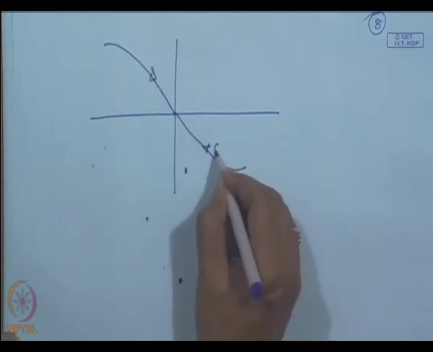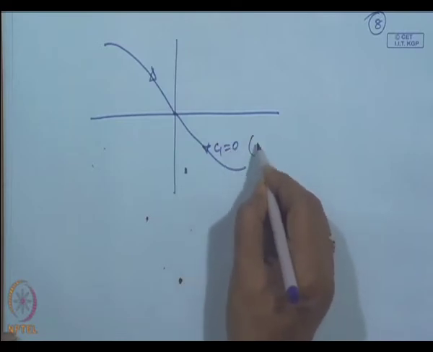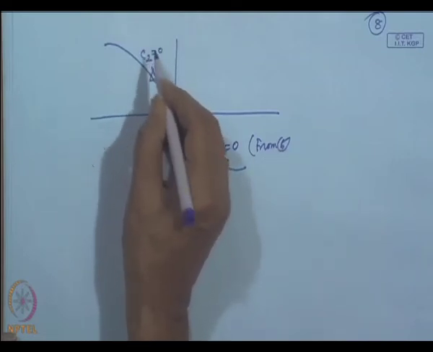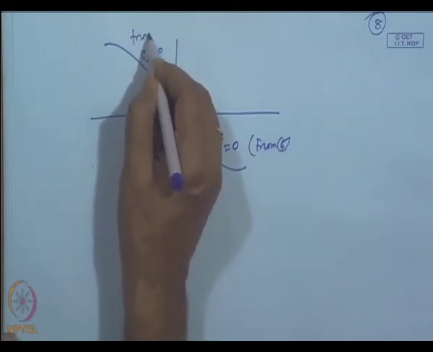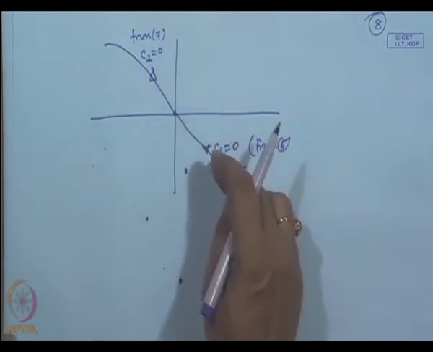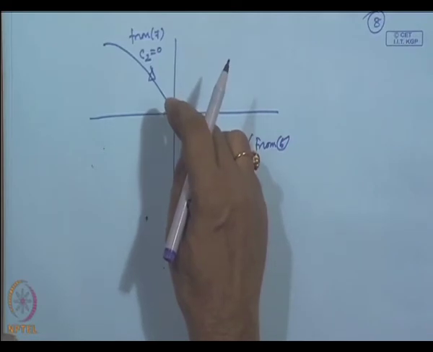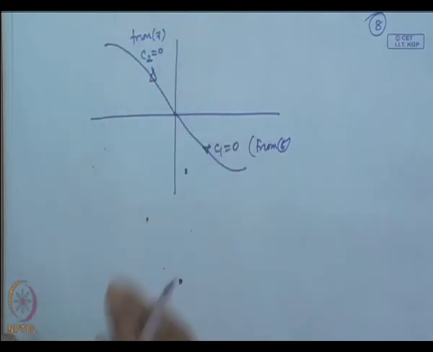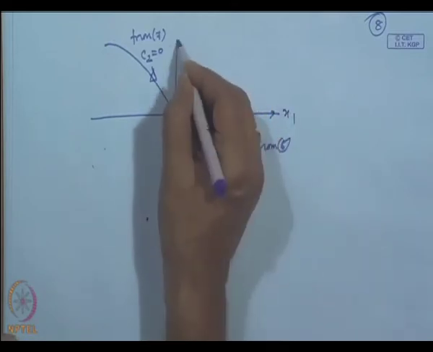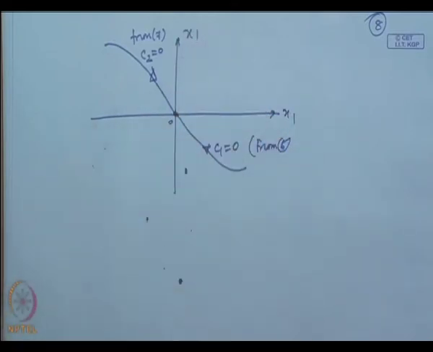So this curve is C 1 is equal to 0 from equation 6, and this is C 2 is equal to 0 from equation 7. Once it hits here, it will follow along the switching curve, and ultimately it will reach the origin. So we can write our control law.